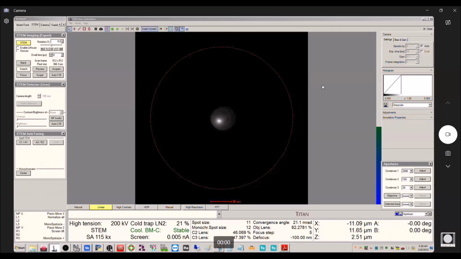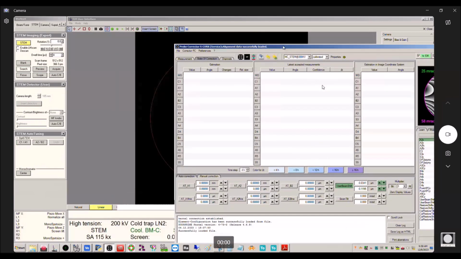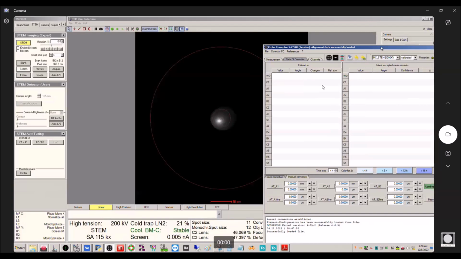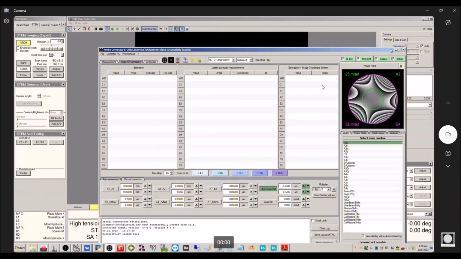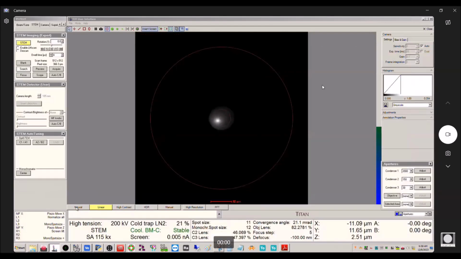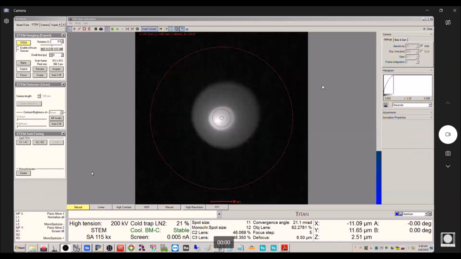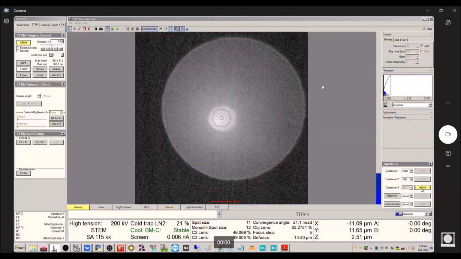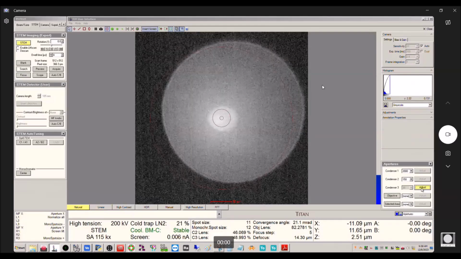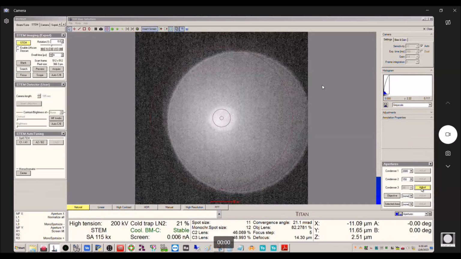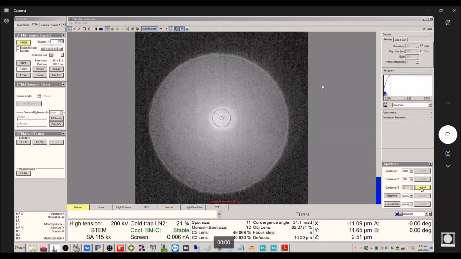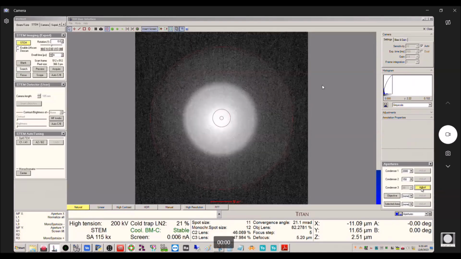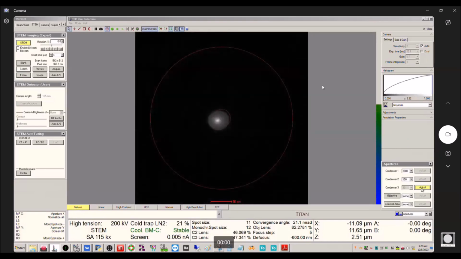All right, so let's go back to, oh, not Sherpa, sorry. And get this more or less centered on the blue screen. We can see that's clearly not centered. Okay, it looks better.